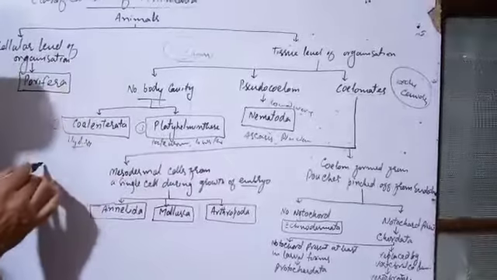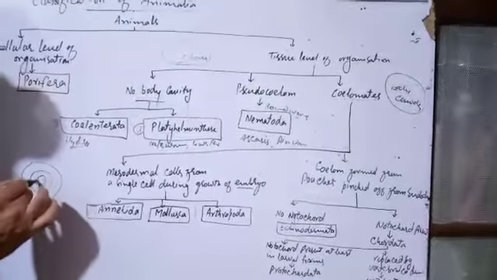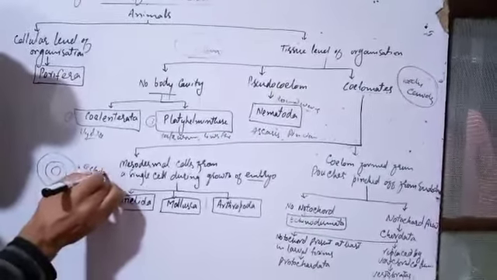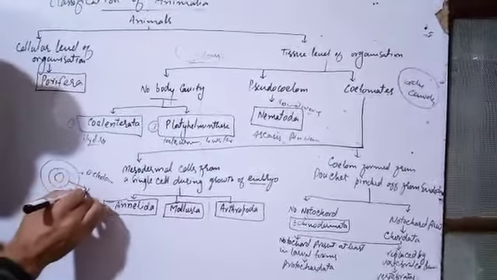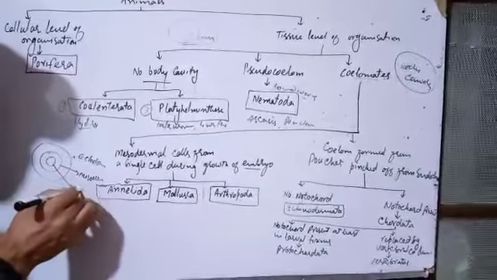I already discussed with you that the embryo has three germ layers: ectoderm, mesoderm, and endoderm.